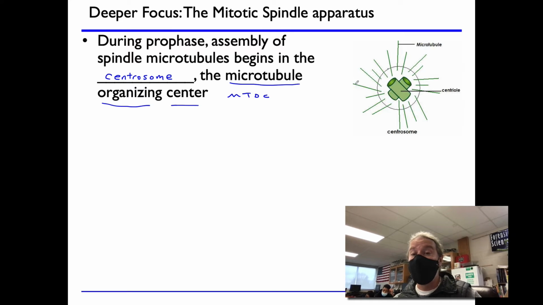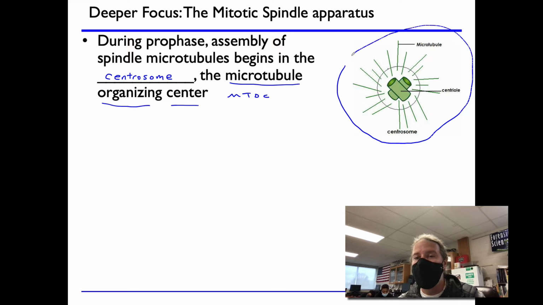Okay. Now, as far as that MTOC, your centrosome, it's this whole big thing here. So this whole region here with the centrioles in the middle, you have this ring here, and then you have these microtubule rays coming out of it. This whole thing, that's your centrosome.